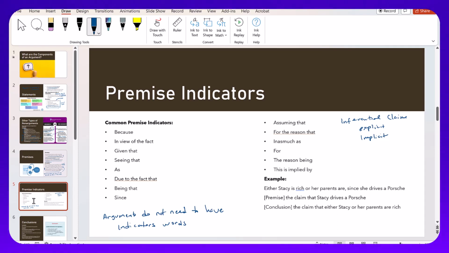If it doesn't have an indicator word, can you add it and it makes sense? Right? That's one way to test it. We'll see that with because here in a minute. If you're unsure, read through it and then add the indicator word and say, does this make sense? Right? Does this work with that?